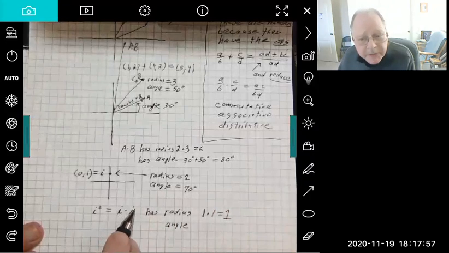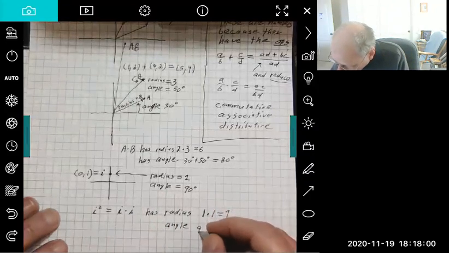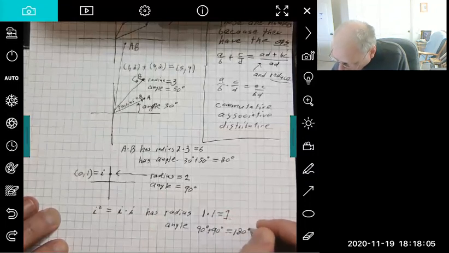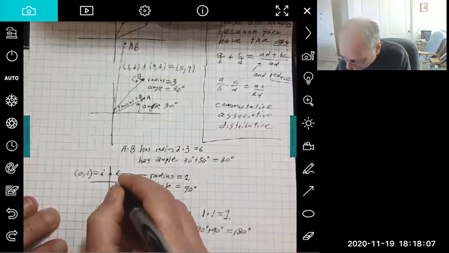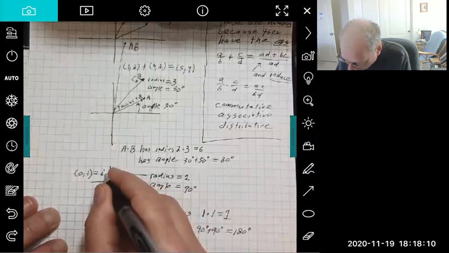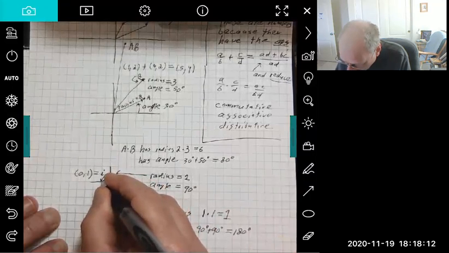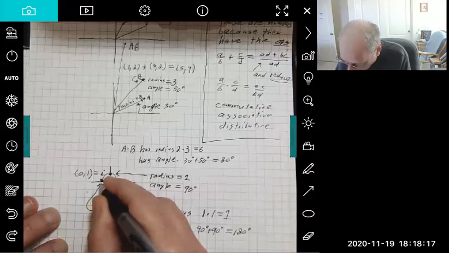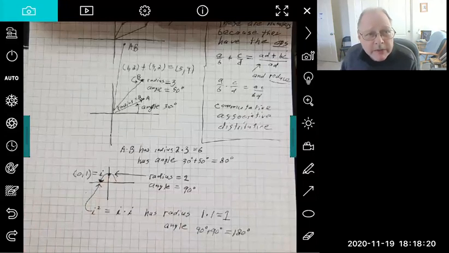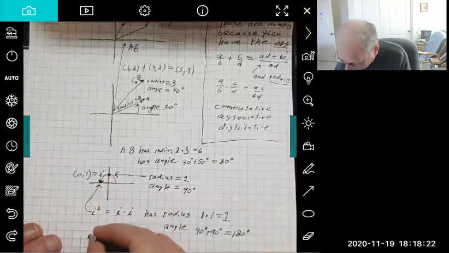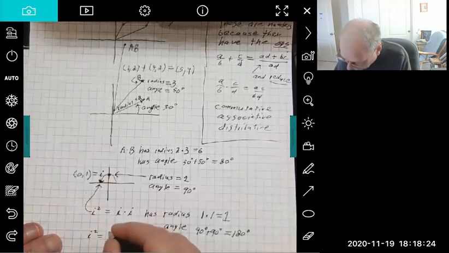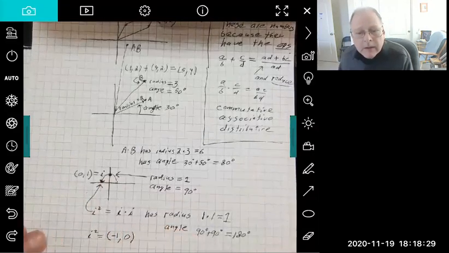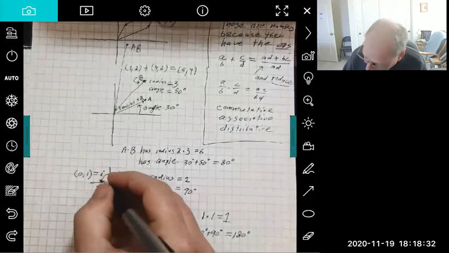That's 90 degrees plus 90 degrees, or 180 degrees. Radius 1, 180 degrees. So I squared is right there at -1, 0.